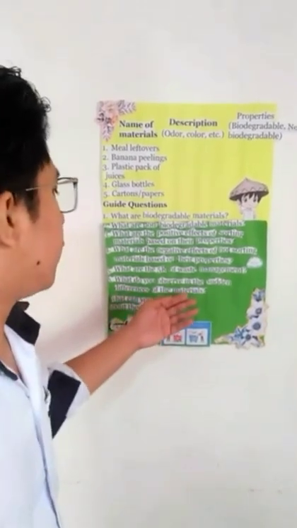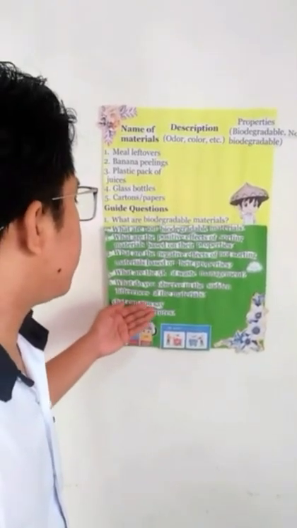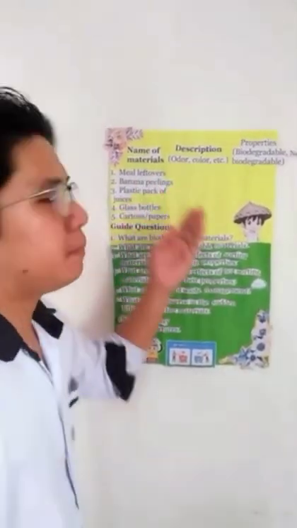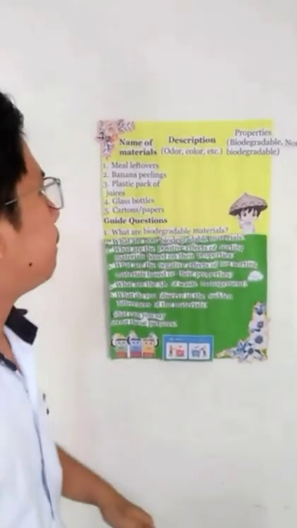What do you observe in the sudden differences of the materials? It is the sudden changes of materials like meal leftovers and banana peelings.